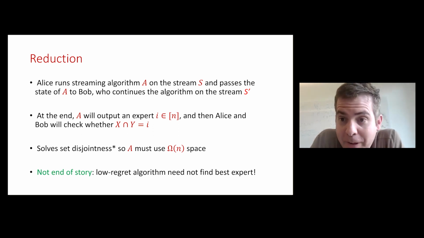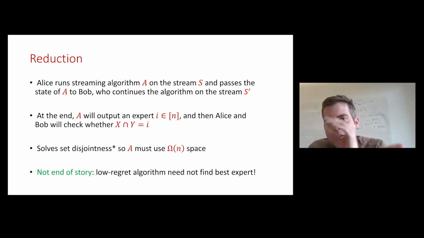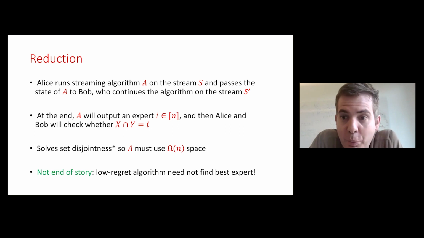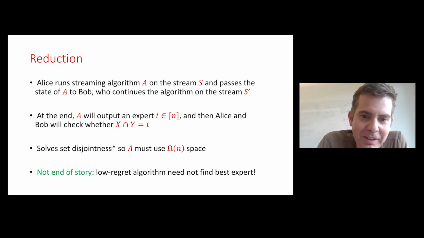If these 2 sets intersect, then there's an expert that's right on both days. And if they don't intersect, there is no expert that's right on both days. So if you can find the best expert, you output this index i.